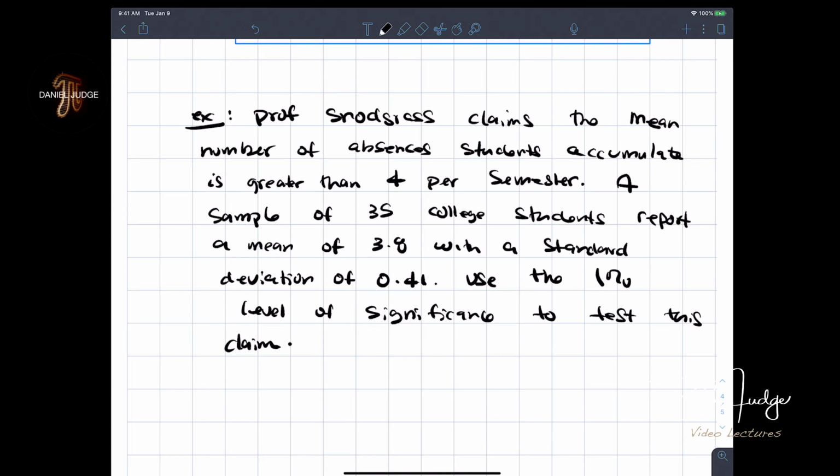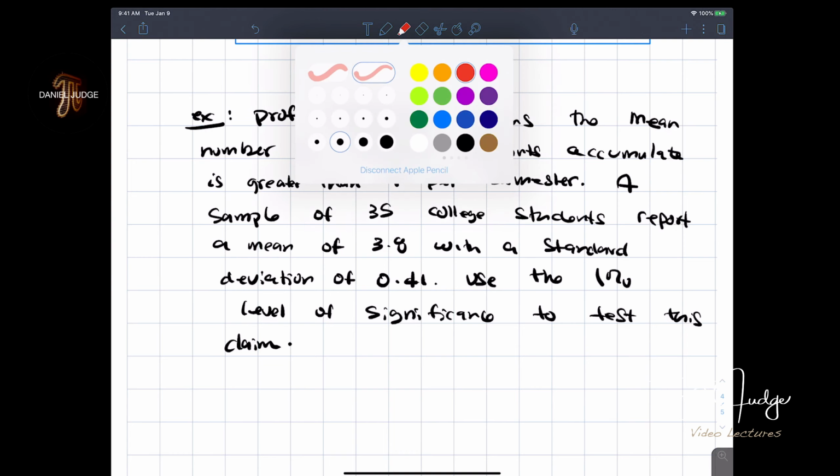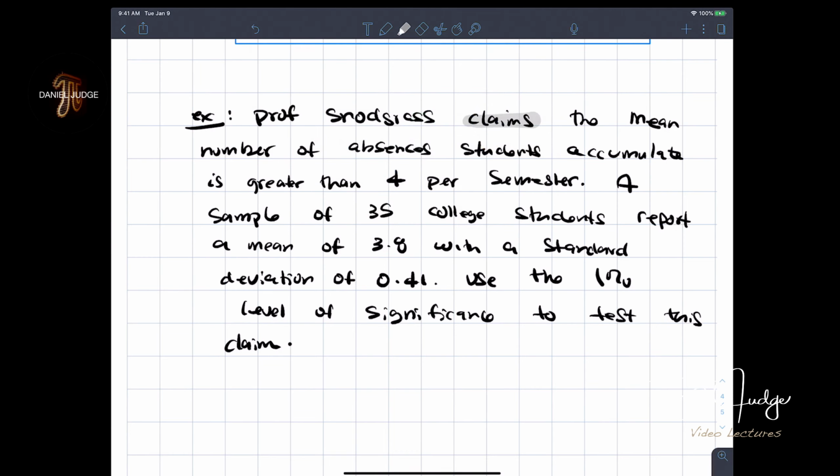Now, when you go through this question here and you say, okay, what do I do? Well, you read it, and you notice these phrases, right? You notice that Snodgrass is making a claim, and then you read it all the way through, and they say use the 1% level of significance to test this claim. You go, oh, that's a hypothesis testing question.